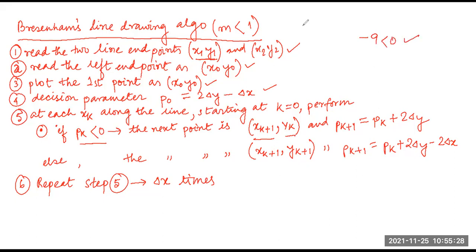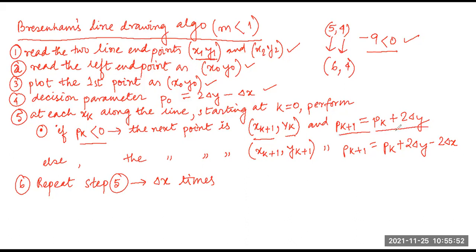And suppose x0, y0 was 5 and 4. Fine. So since P is lesser than 0, x will be incremented by 1, y will remain as it is. So my next point will be simply 6 and 4. Okay. And I will update the value of P according to this value.